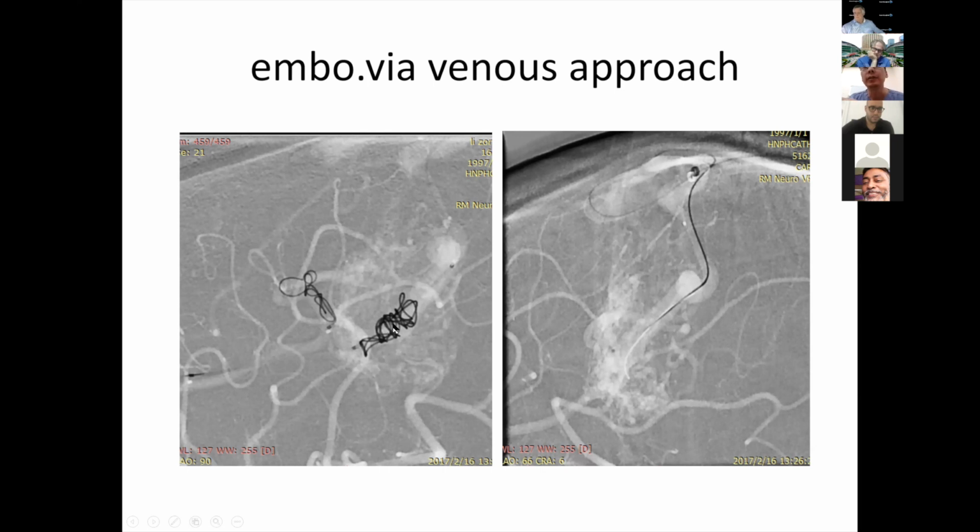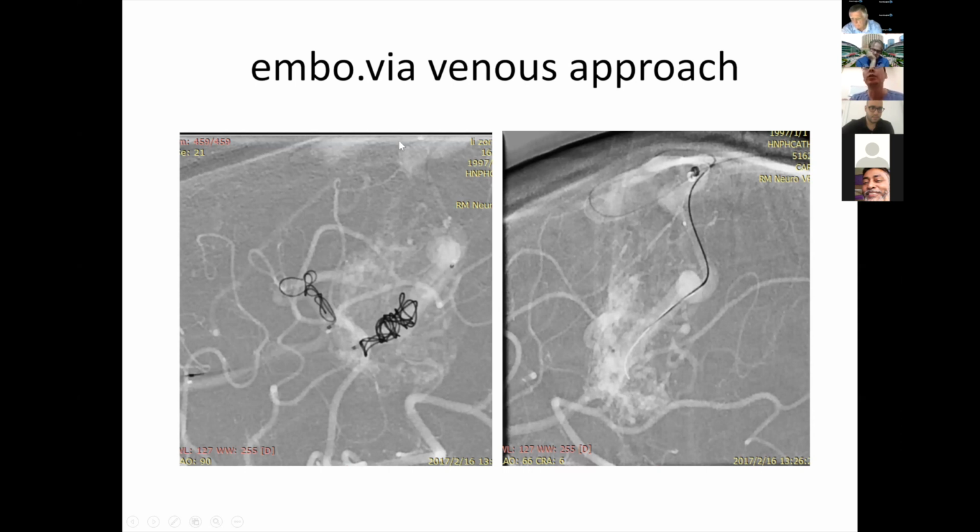This coil mass is used for the pressure cooker technique. I navigated the micro wire and the micro catheter through the sagittal sinus to the deep location, the nidus.